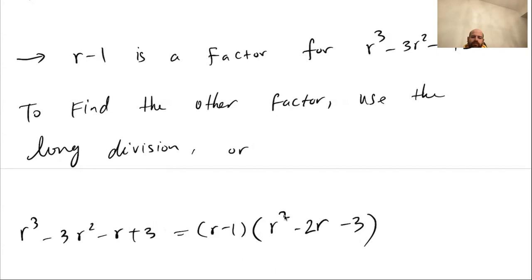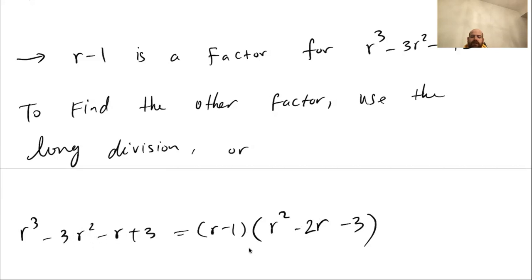So the first coefficient and last coefficient were very simple. For the first coefficient, I knew this times r must give me r cubed, so that has to be r squared. The constant is very easy to find, because this constant times minus 1 must give me plus 3, so this has to be minus 3. And the middle coefficient, I have to choose in a way that I'll get minus 3r squared.